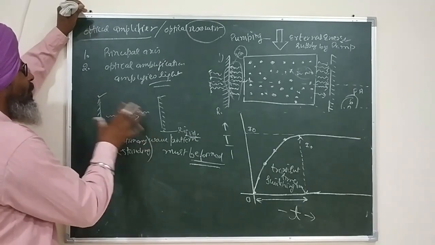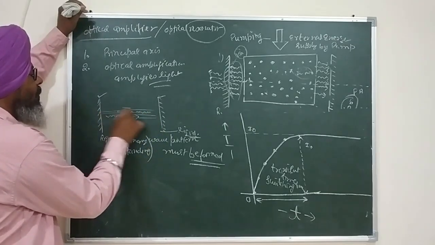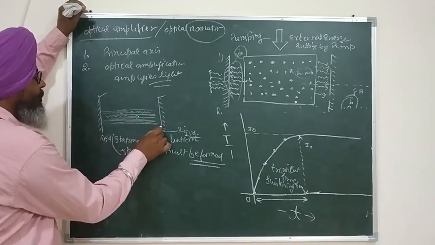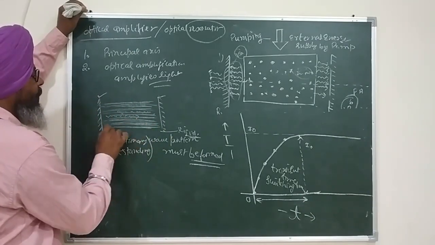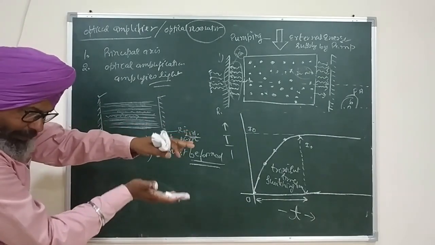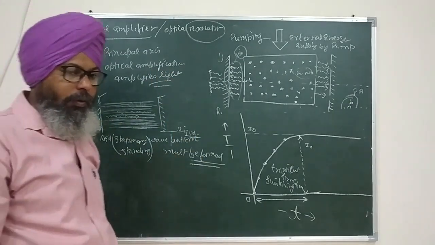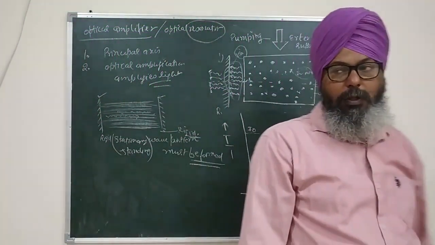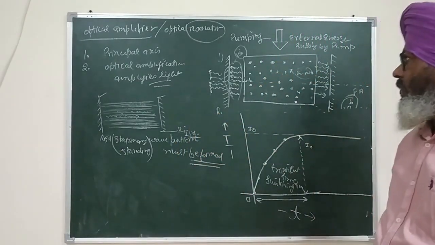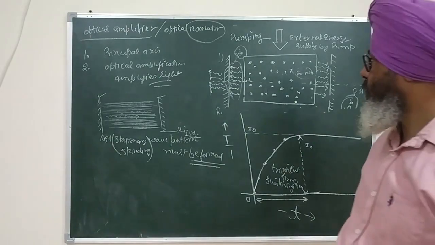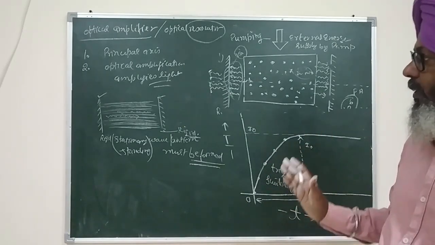And when that happens, this optical cavity will start getting filled with energy, and that energy will accumulate in the optical cavity widthwise, which will result in the finite size of the beam, responsible for a sharp and finite size laser beam. So kindly remember that the formation of a stationary wave pattern in the optical resonator is very, very important.